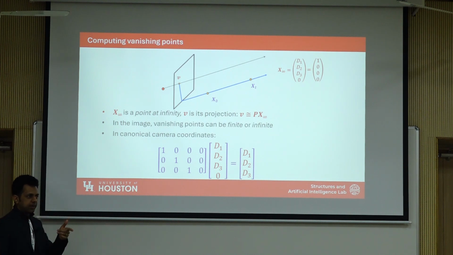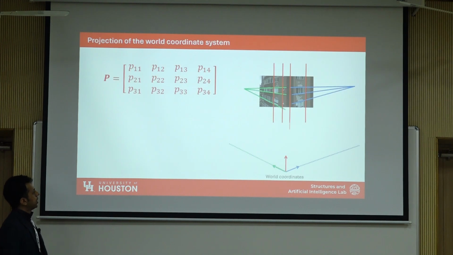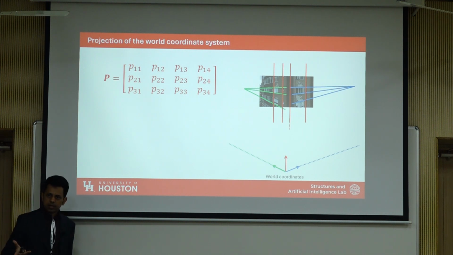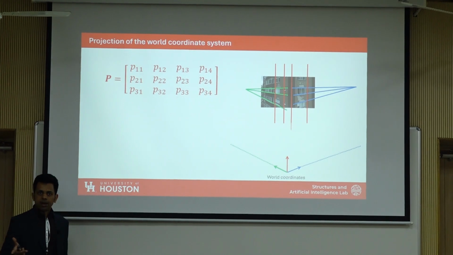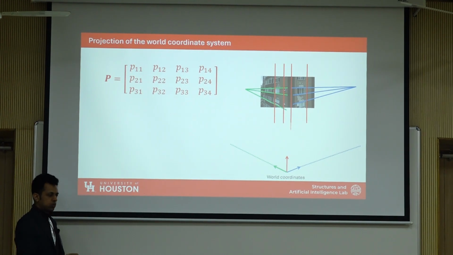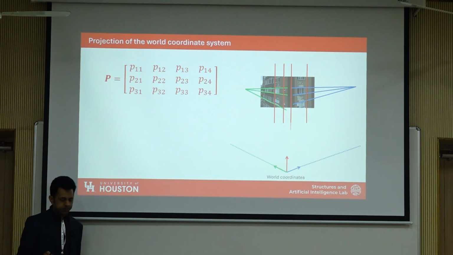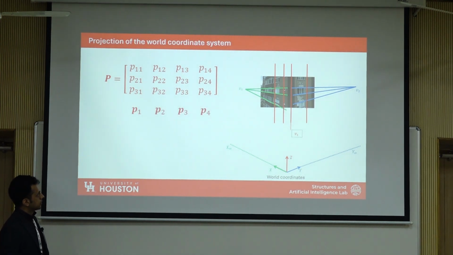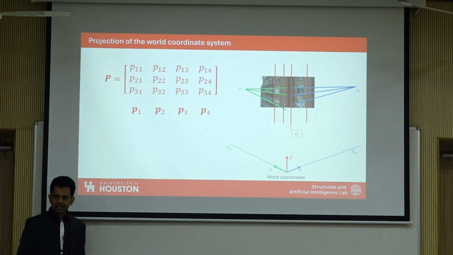It's a direction vector in the direction of that infinitely far point. Okay. So now I want to find P. I can align my world coordinate system to be parallel to my vanishing lines, which are orthogonal. So I have V1, V2, V3, and I align my x, y, and z axes to be parallel to these axes.